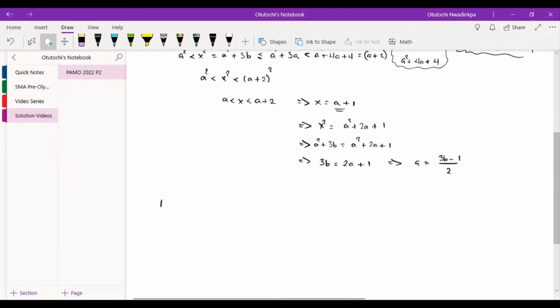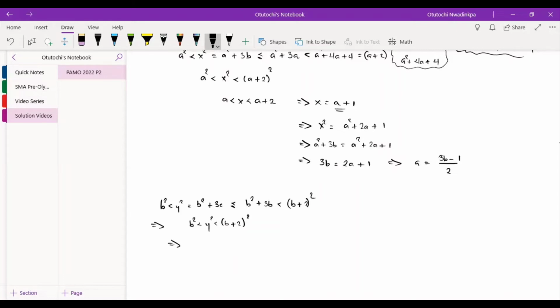b squared is less than y squared, which is equal to b squared plus 3c, which is less than or equal to b squared plus 3b, which is less than b plus 2 squared, right? And then this implies that b squared is less than y squared less than b plus 2 squared.